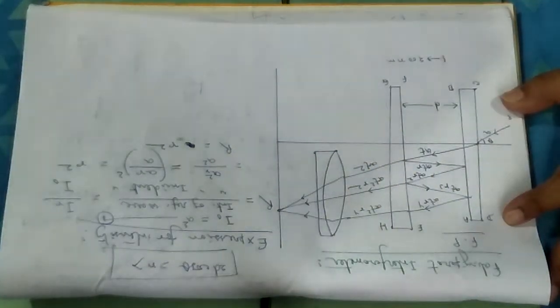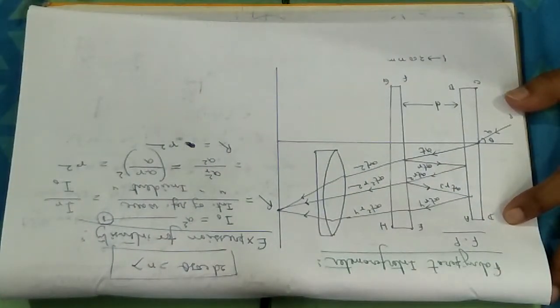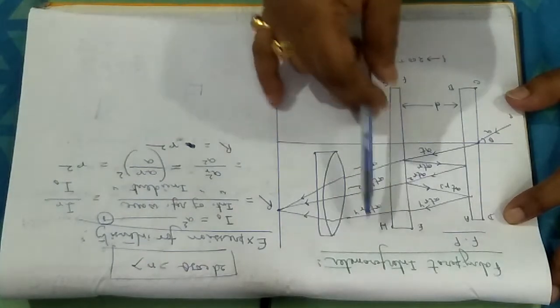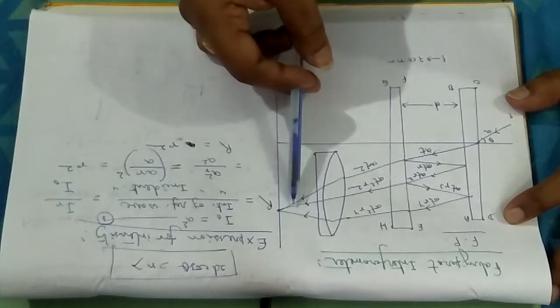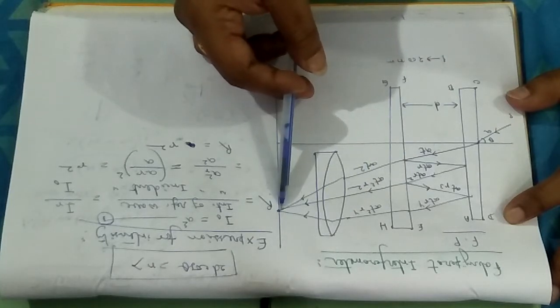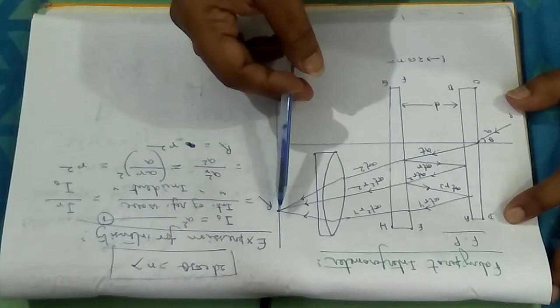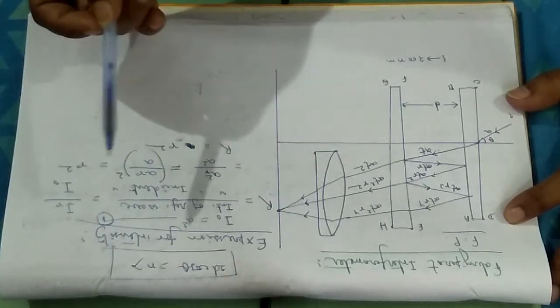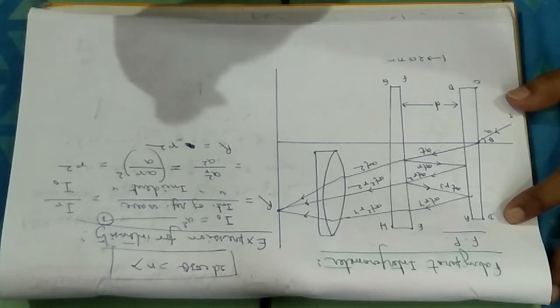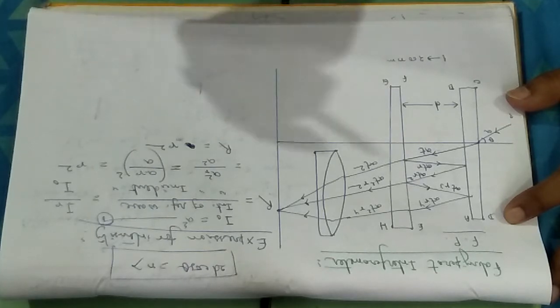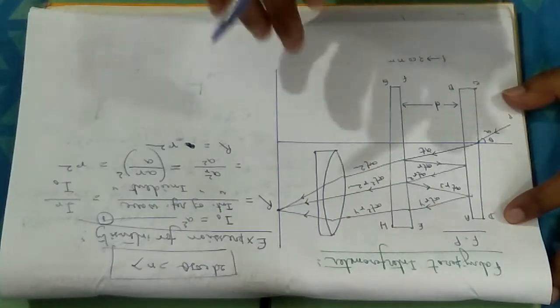So the condition for division of amplitude is satisfied, and they have different paths. Path difference will introduce phase difference, so rays with different phase differences interfere at a point on the screen. If the path difference is an even multiple of lambda by 2, it will be maxima; an odd multiple of lambda by 2, it will be minima.